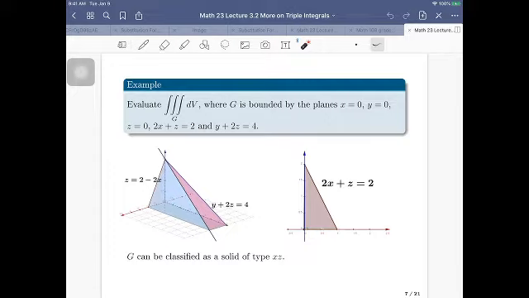But what is the problem here if you project it on the ground? So sure thing, the projection is nothing but this rectangle, but that's not the only condition for a solid to be of type xy. It must be that at any point xy on the region, there must be a single ceiling and a single floor.